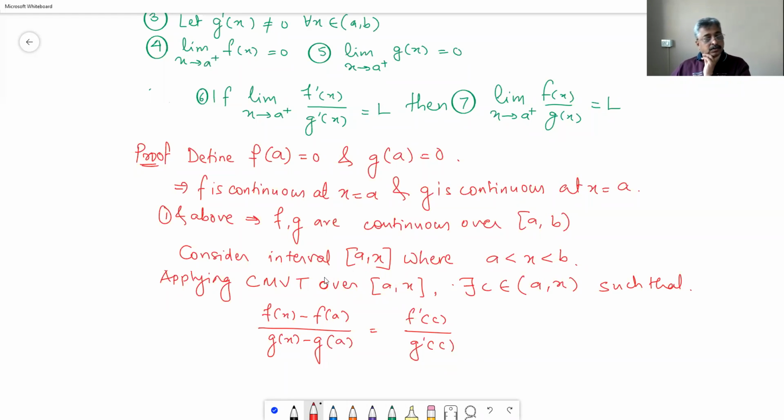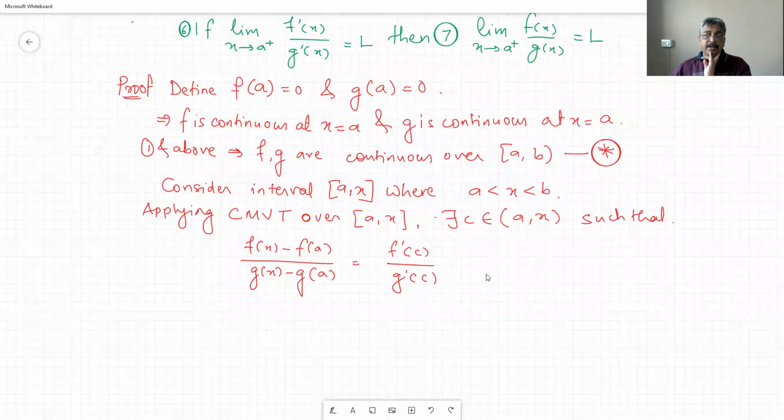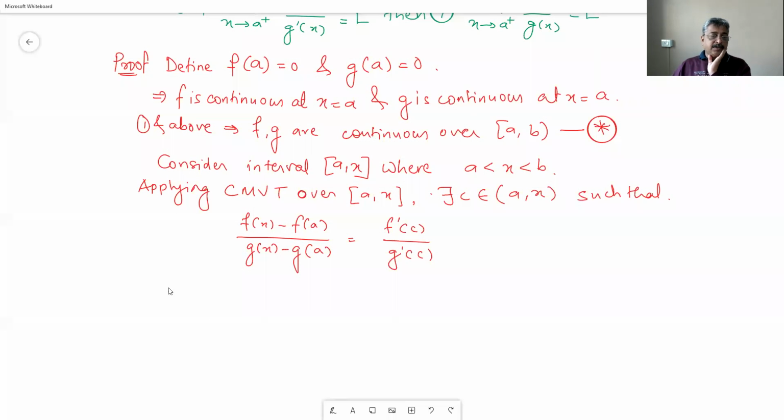Okay, what is the meaning of this statement, continuity at A? Let us write down the meaning of continuity at A. Meaning of star.